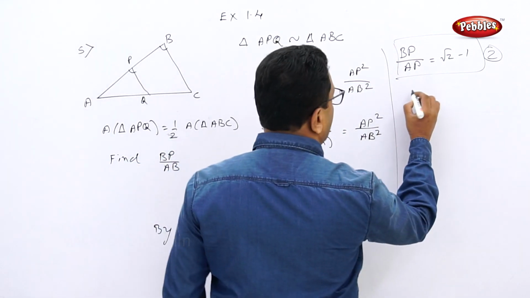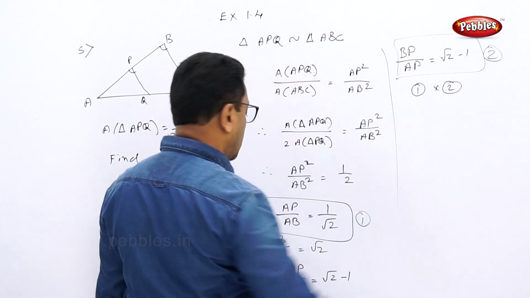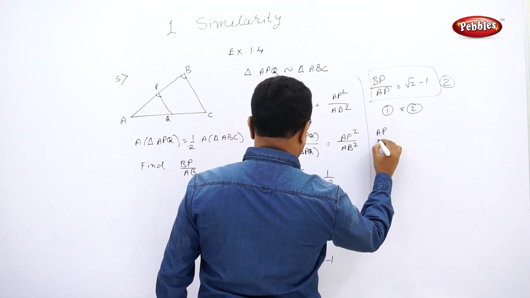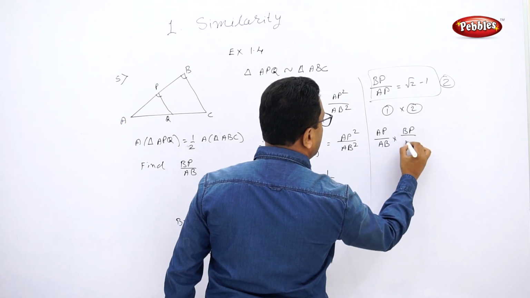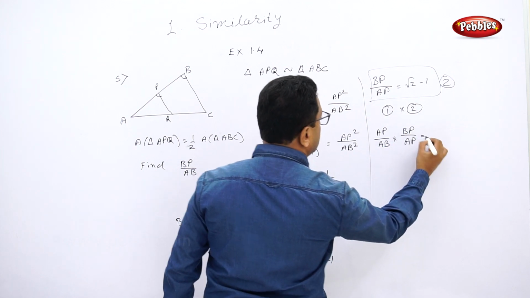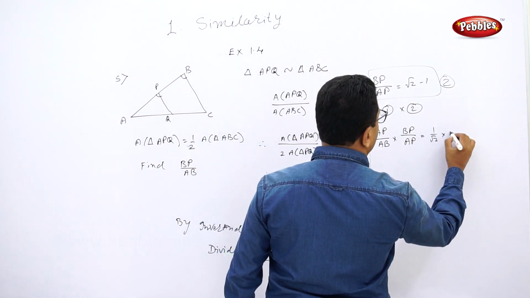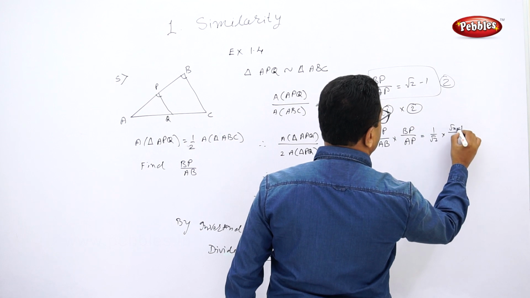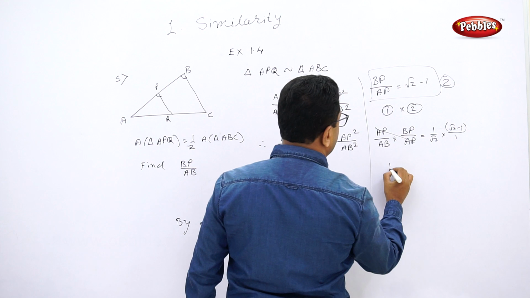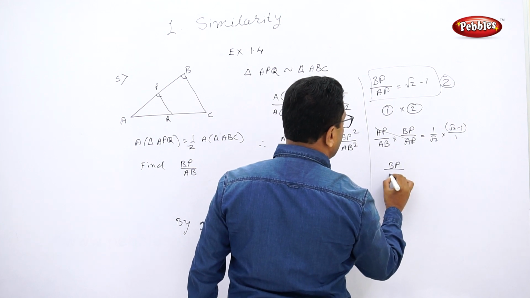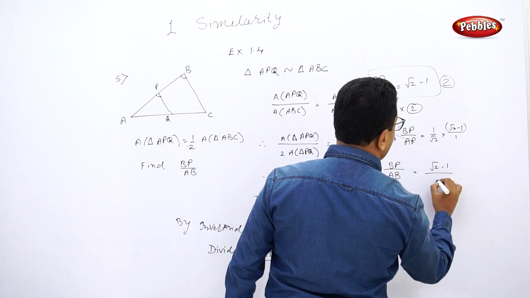So multiplying equation 1 into equation 2, we will have AP upon AB into BP upon AP is equal to 1 upon root 2 into root 2 minus 1 upon 1. So this AP will get cancelled and we will have BP upon AB is equal to root 2 minus 1 upon root 2.